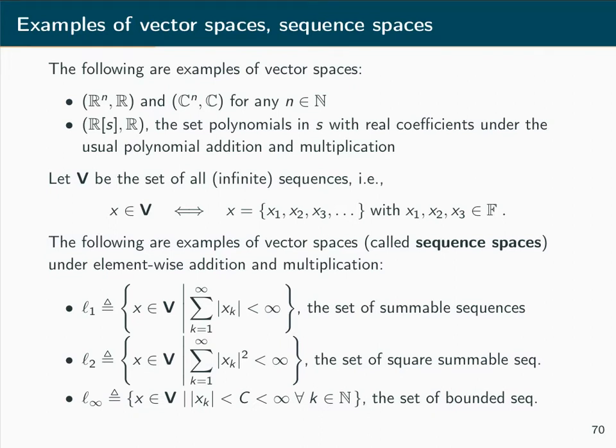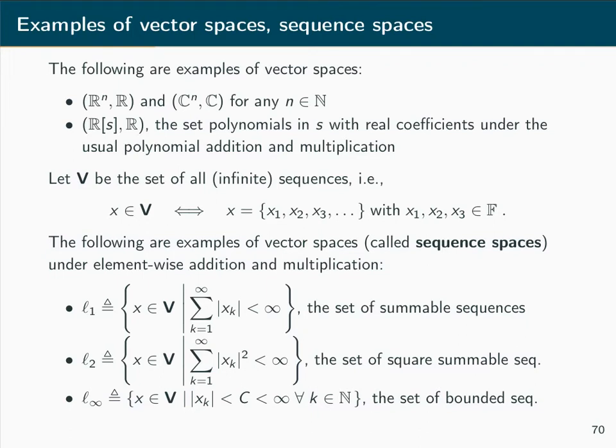And finally, the sequence space L infinity, which is the set of all sequences that satisfy that all of its elements, xk, in absolute value are bounded by some finite number. So these are infinitely many elements, obviously, and they always all have to be less than a constant c for all k in N. And this set we call the set of bounded sequences.